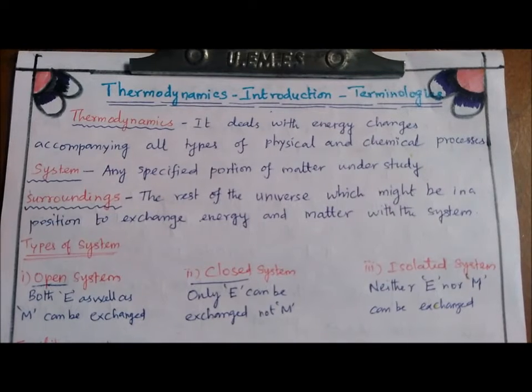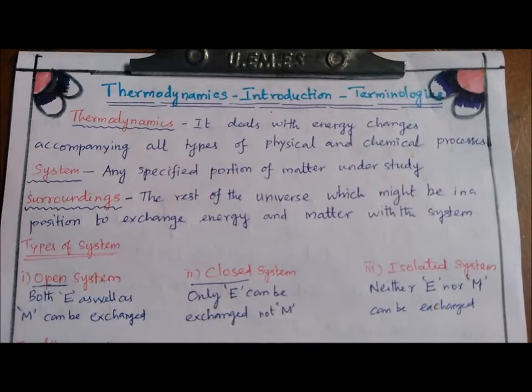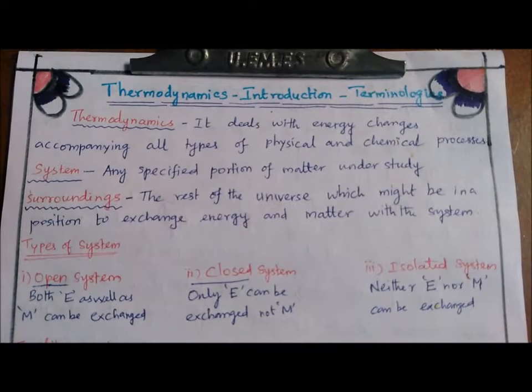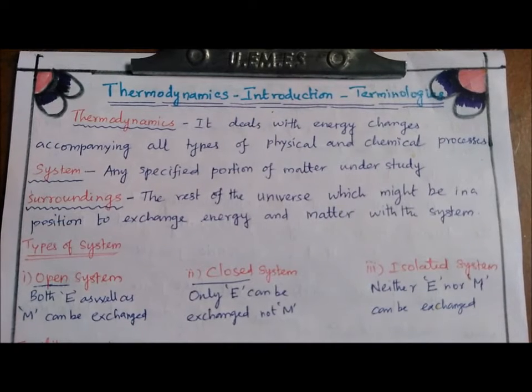And the laws of thermodynamics apply only to matter in bulk, not to individual atoms or molecules. In other words, the laws of thermodynamics apply to the behavior of assemblages of a vast number of molecules and not to a single atom or a single molecule.